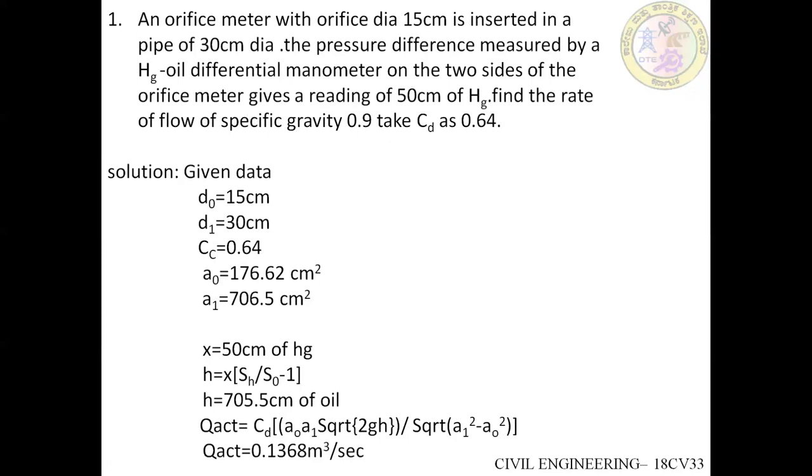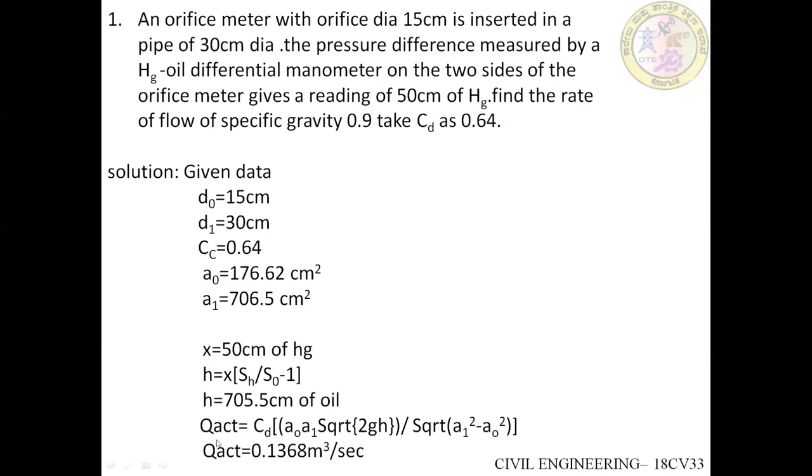Since here it is a mercury oil differential manometer, the liquid in the differential manometer is heavier than the liquid flowing through the pipe. So we can use the formula H is equal to X into SH by SO minus 1. Here SH is the specific gravity of the heavier liquid and SO is the specific gravity of the lighter liquid. So I'll get the value of H.